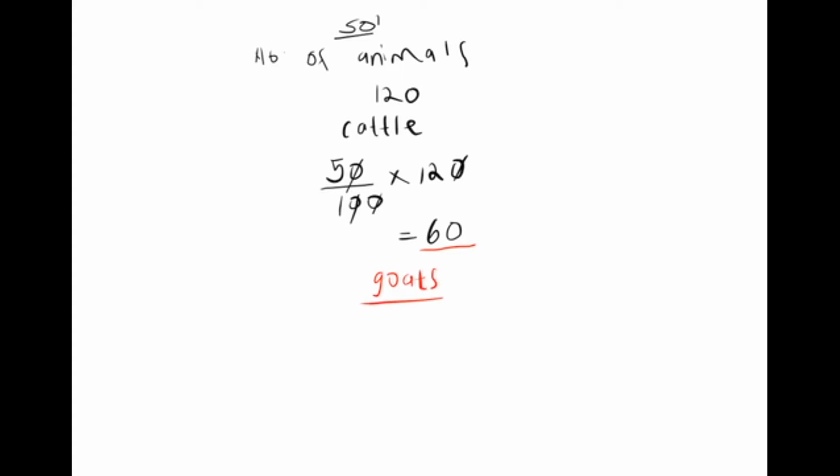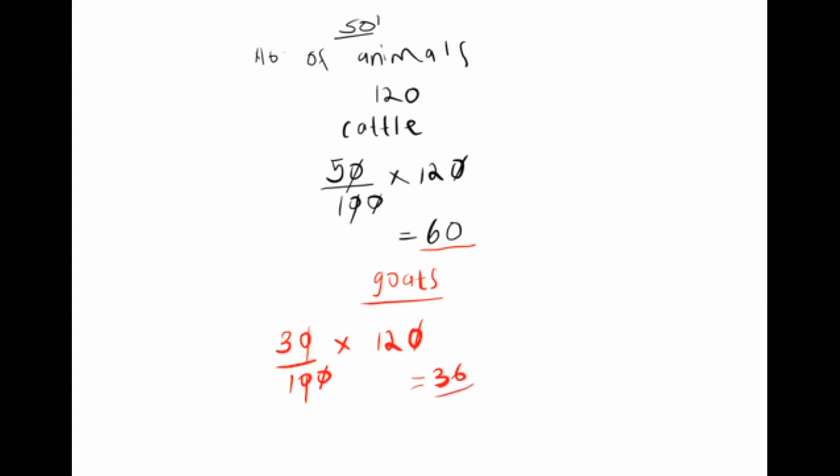Goats were 30%. That is 30 over 100 times 120. We simplify, cancelling the zeros. 3 times 12 will give us 36.